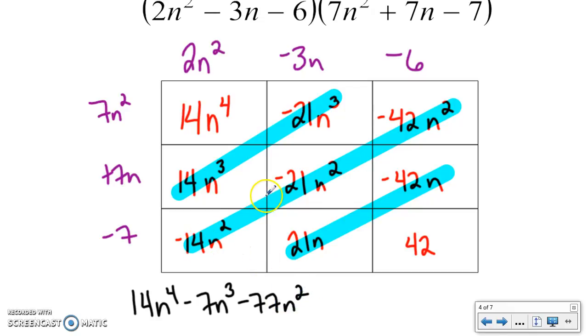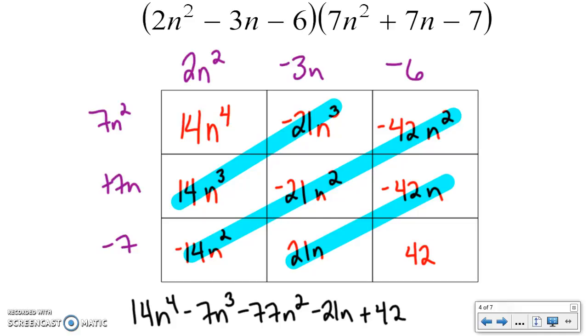Okay, so 14 and 21 is 35. 35 and 42 is 77. Okay, 21 and negative 42 give me negative 21n, and then bring your plus 42 down. And we have now multiplied a trinomial by a trinomial.